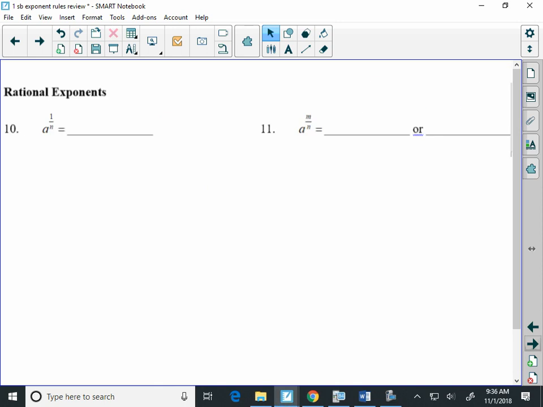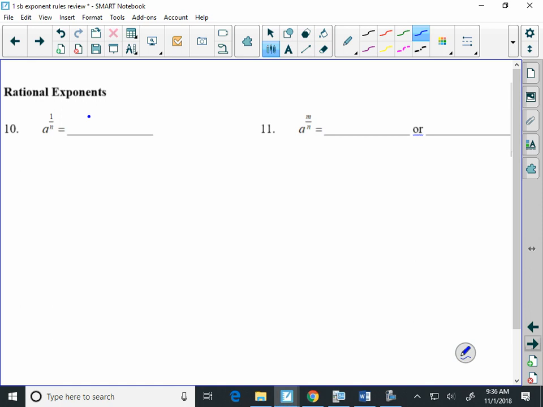One last set of rules for exponents. They are rational exponents. Remember that a rational number is any number that can be written as a fraction. And what we say with this, and this may be new for some of you, is that we can rewrite this fraction exponent in terms of radicals.